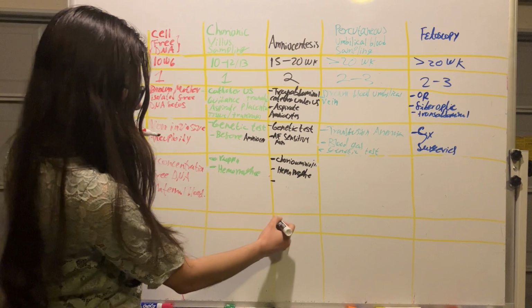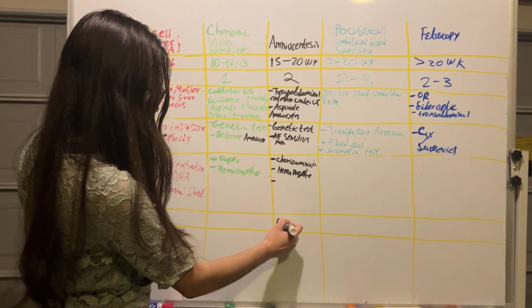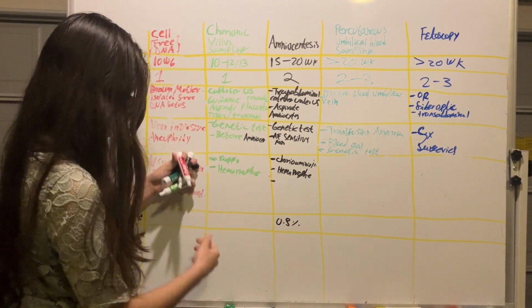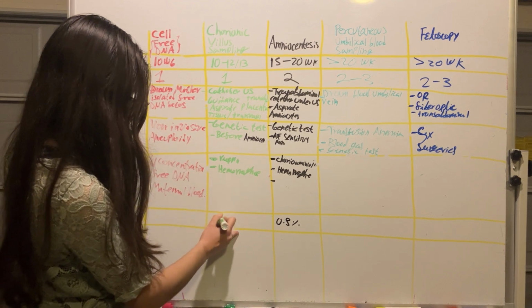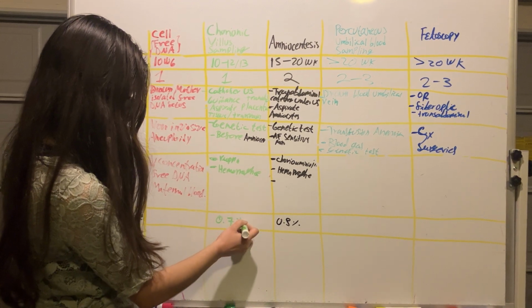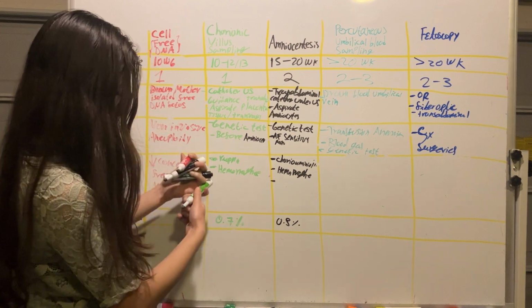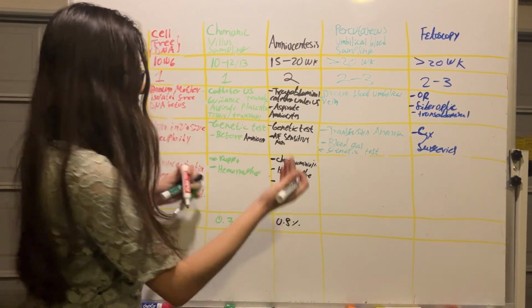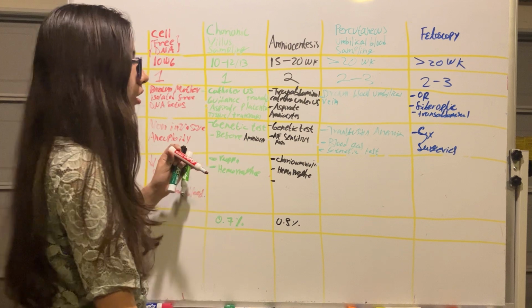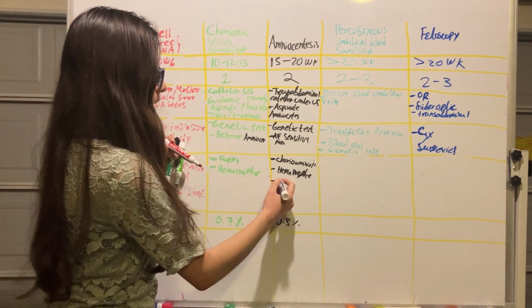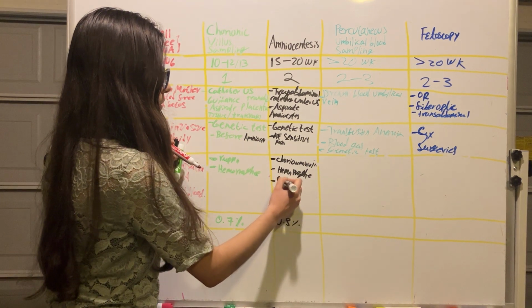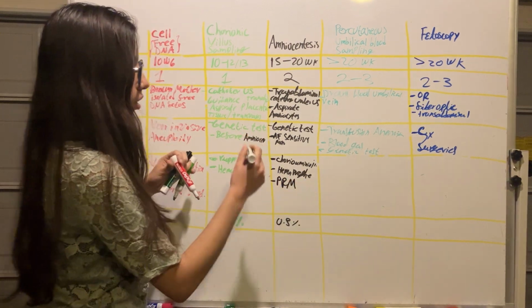Here pregnancy loss rate is around 0.5%. Here is 0.7%. And also, as we are inserting a needle in the uterine cavity, we can also have premature rupture of membrane.